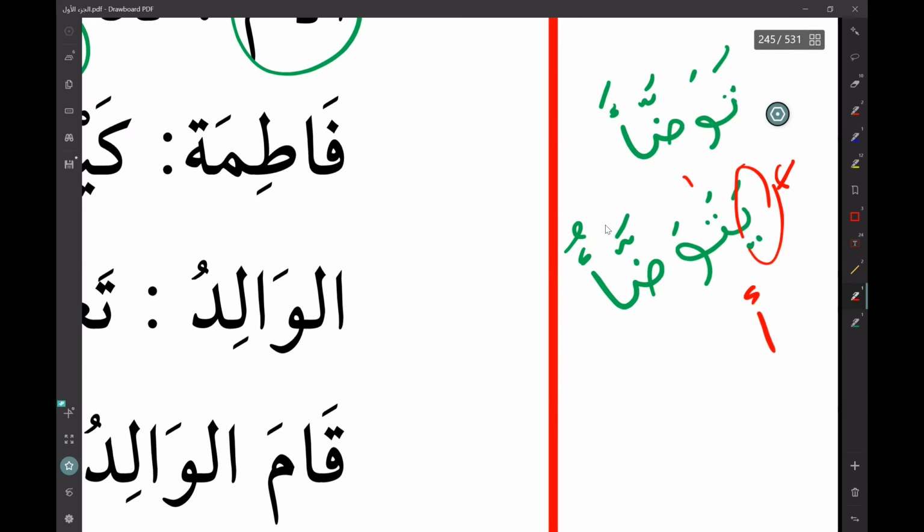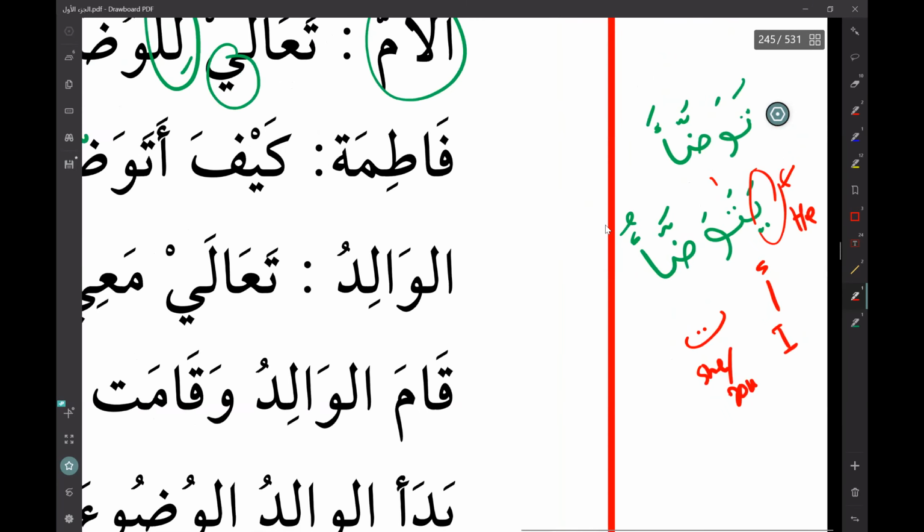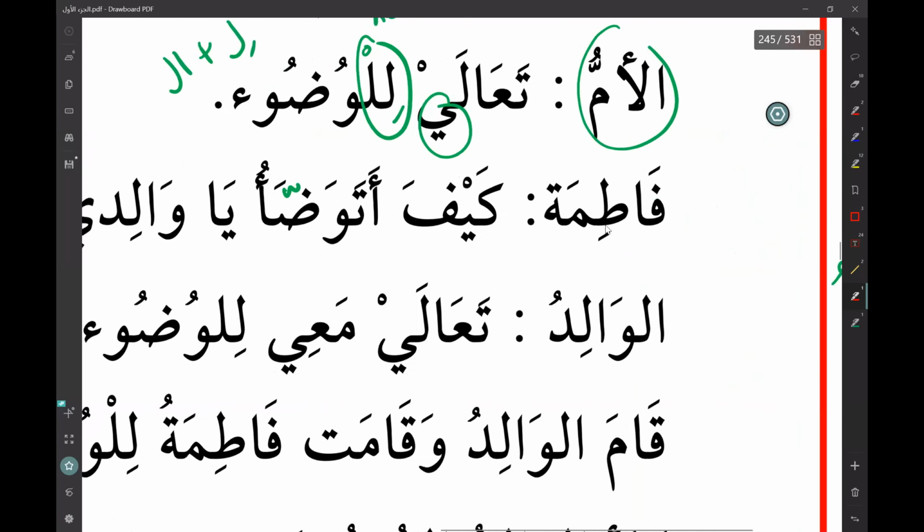Ya is for he. Hamza is for I, and ta is for she. And the ta we can use for she or you masculine. So we can say tatawadda'u. When you say tatawadda'u, that means she is performing wudu or you masculine performing wudu.